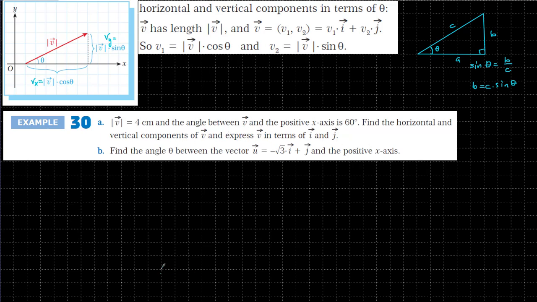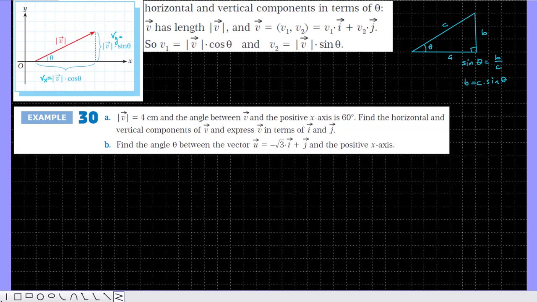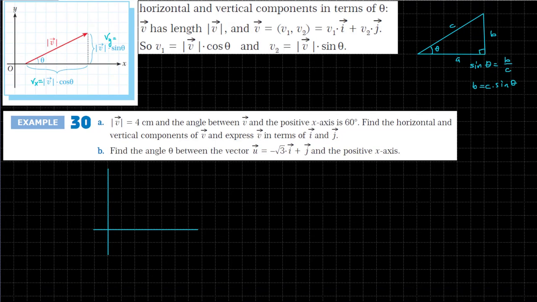Firstly, let me draw one coordinate plane here, one simple coordinate plane. And then on this coordinate plane, let me change the color.